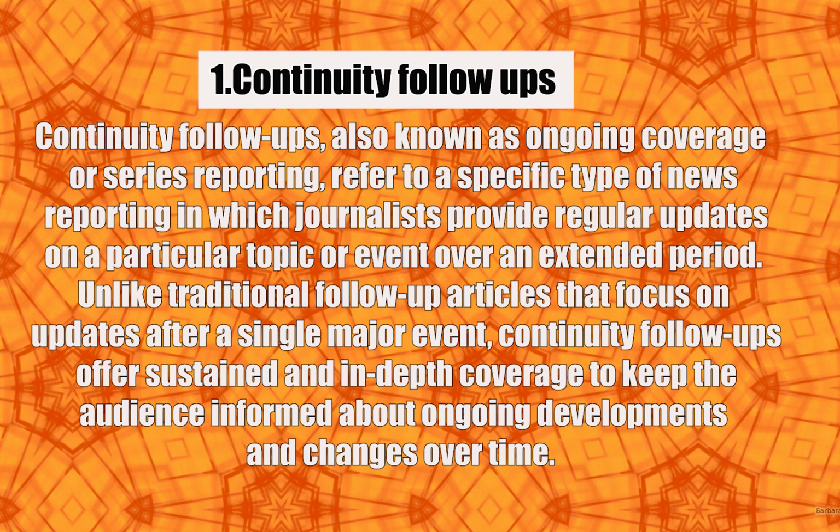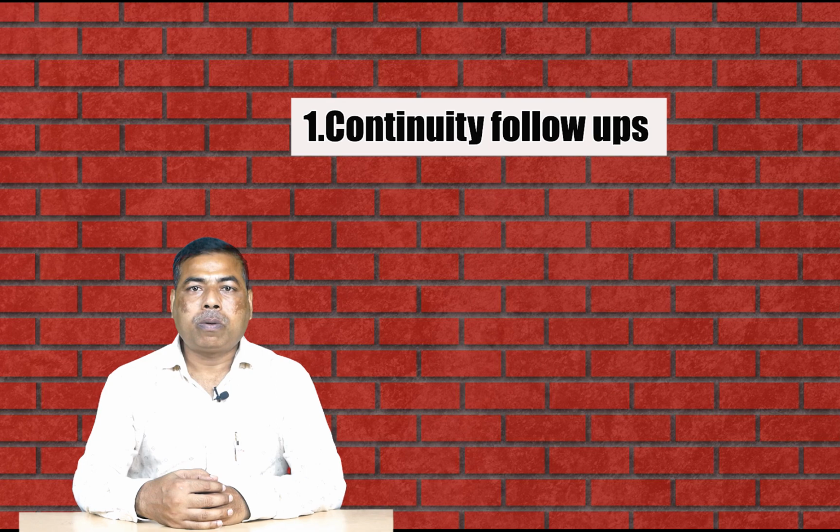Continuity follow-ups offer sustained and in-depth coverage to keep the audience informed about ongoing developments and changes over time. This type of reporting is particularly valuable for complex and long-term stories that require continuous monitoring and analysis.